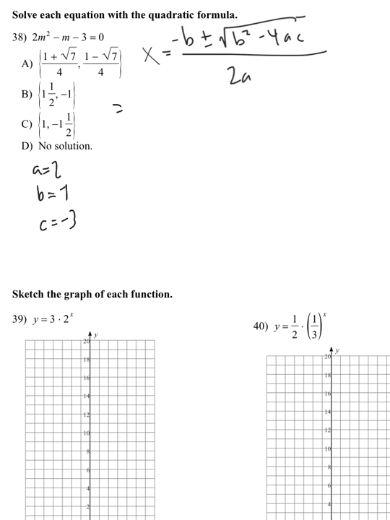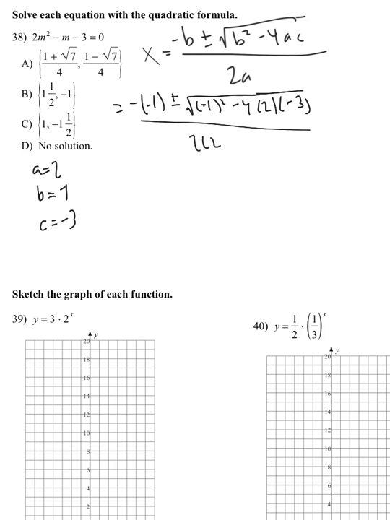It equals negative negative 1, because negative b, plus or minus the square root of negative 1 squared minus 4 times 2 times negative 3. And then the whole thing is over 2 times a, which is 2 times 2.